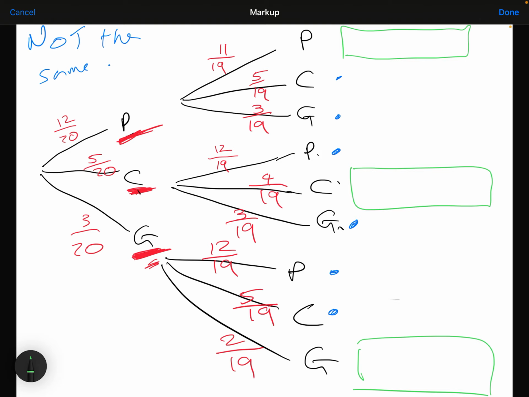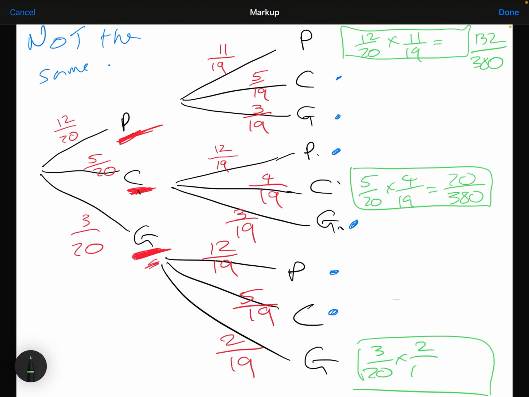So the probability that they were both plain would be 12 out of 20 times 11 out of 19, which is 132 out of 380. The probability of them both being chocolate would be 5 out of 20 times 4 out of 19, which is 20 out of 380. And them both being ginger, 3 out of 20 times 2 out of 19, is 6 out of 380.